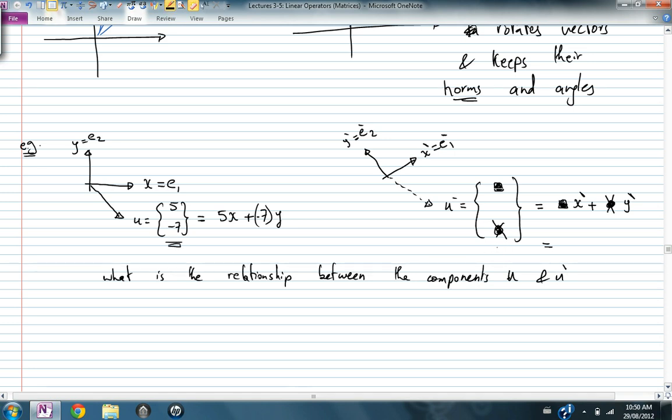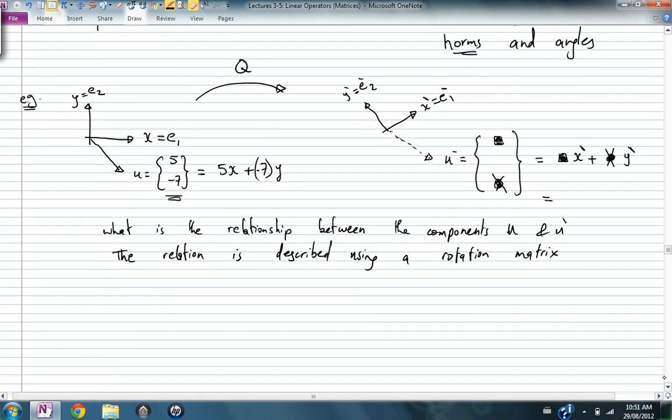It turns out that the relationship is described using a rotation matrix, and as we will show in a bit, u prime will be equal to a rotation matrix multiplied by u.